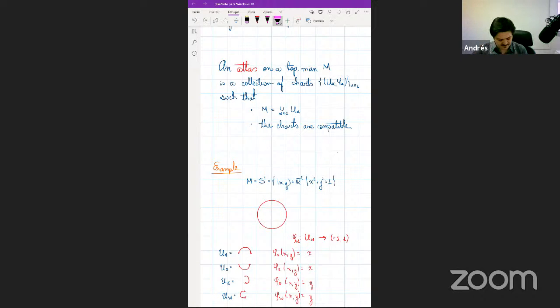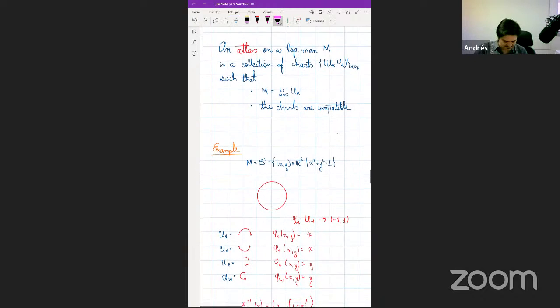So these are 4 shards of S1. The union of the U's covers S1. However, I must check that it is compatible. So let's check that 2 shards are compatible here.